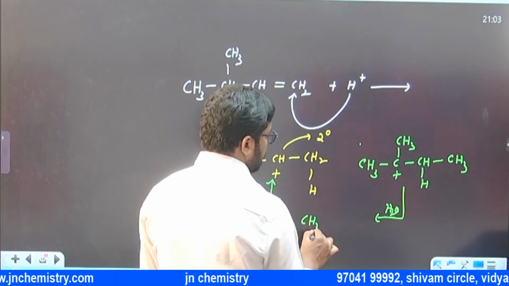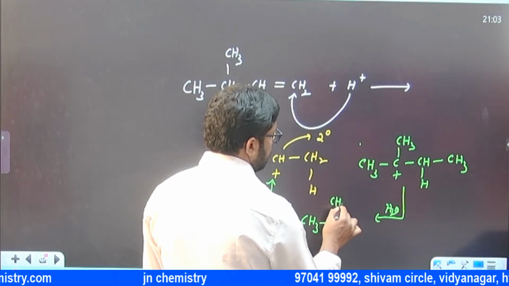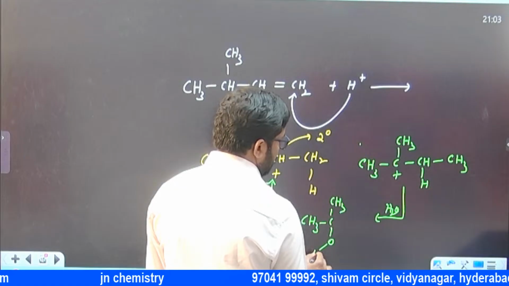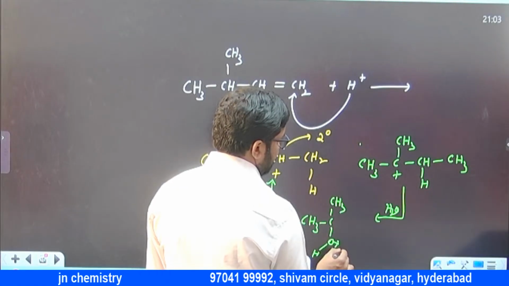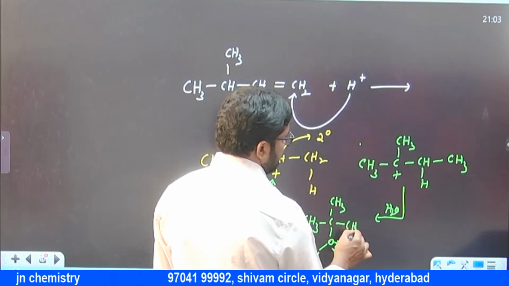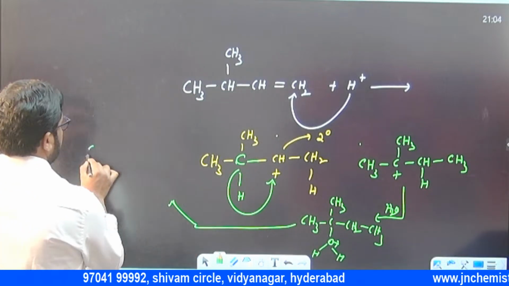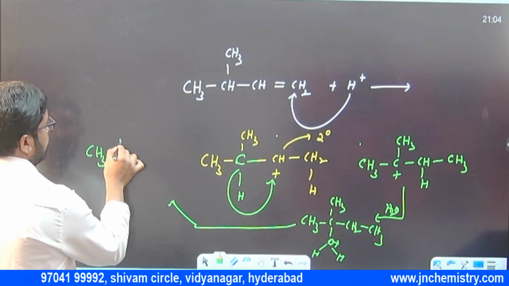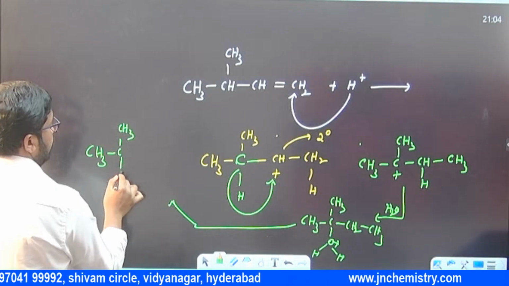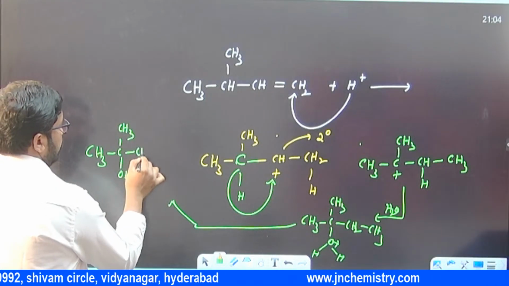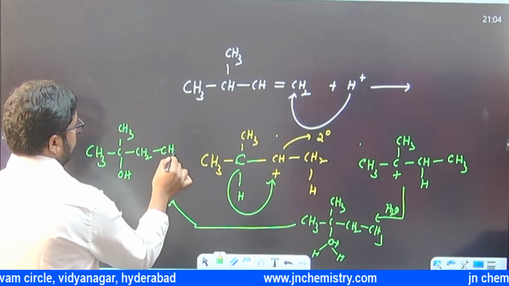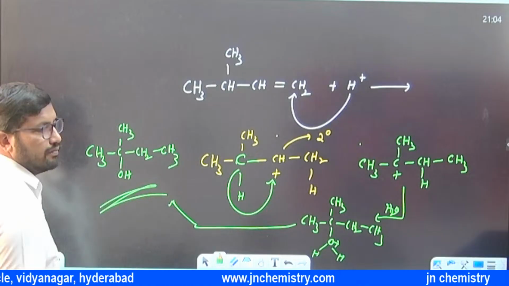So CH3, CH3, water, CH2, CH3, then after removing the H plus, this is the major product.